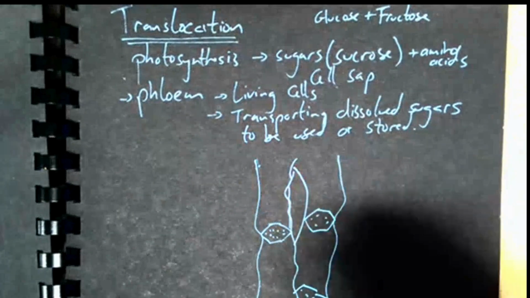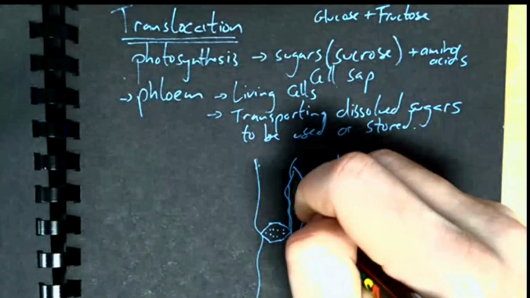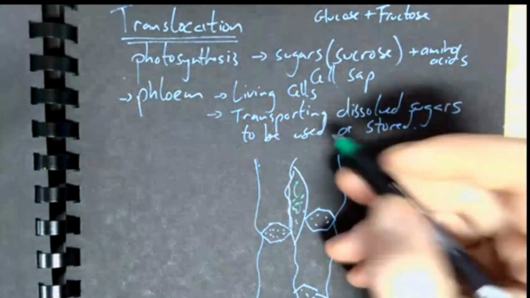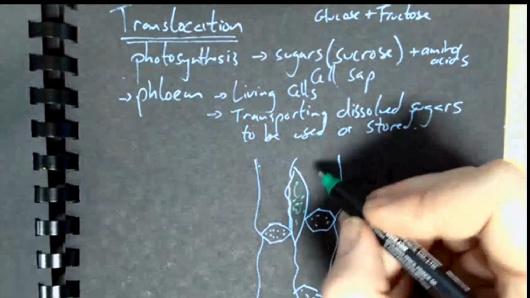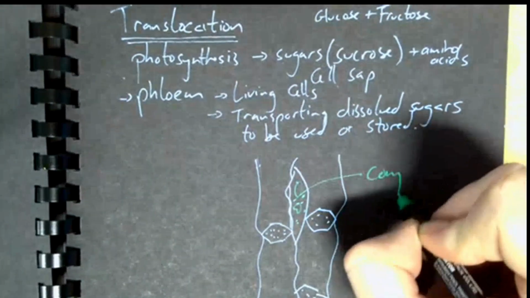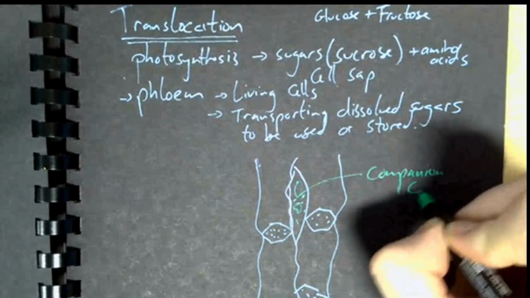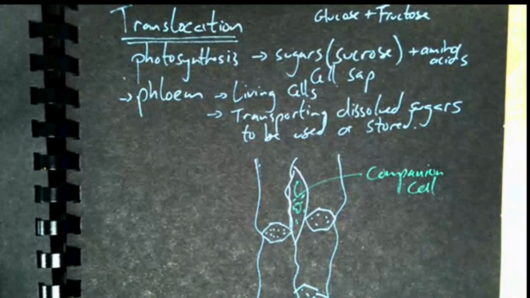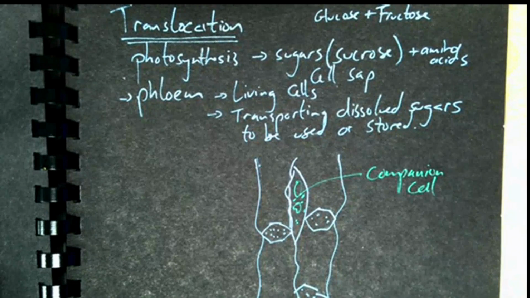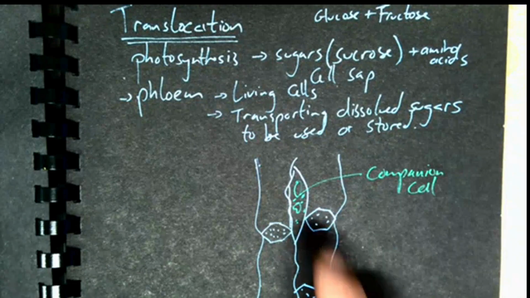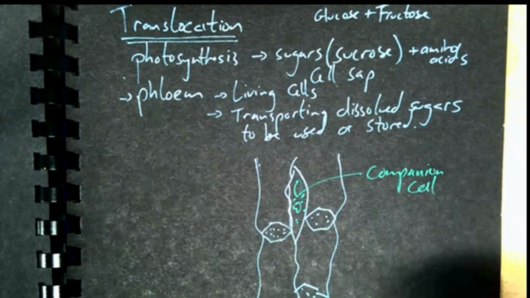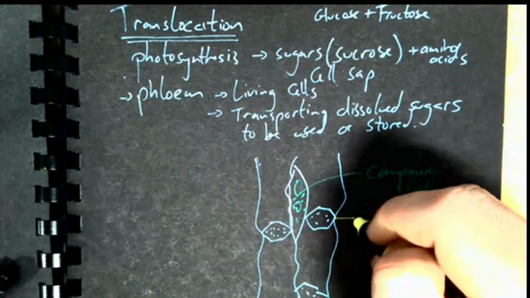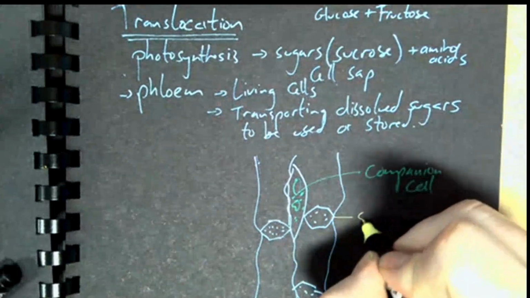And in here, I've actually got some organelles. And that is because this bit here is called a companion cell. We've then got these little structures here that are called sieve plates.